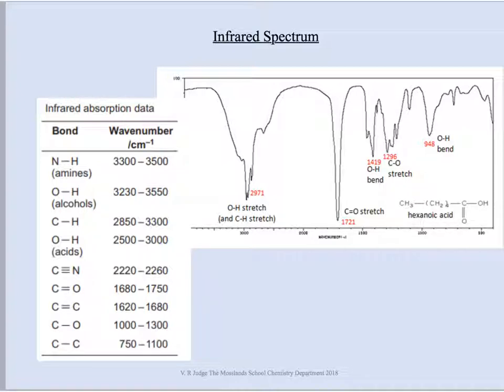So if you get a peak between 3300 and 3500, it might be an amine. Between these, characteristic of OH in an alcohol, be careful because you've got slightly different wave numbers, slightly lower wave numbers if it's in an acid. So you can consider whether it's an alcohol or a carboxylic acid.